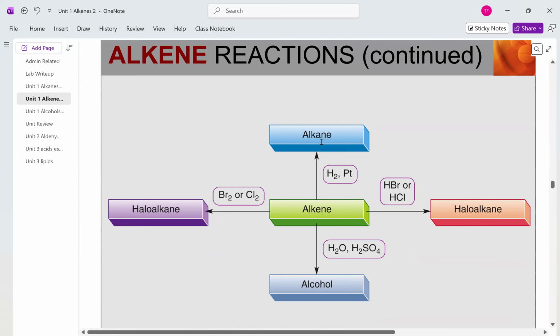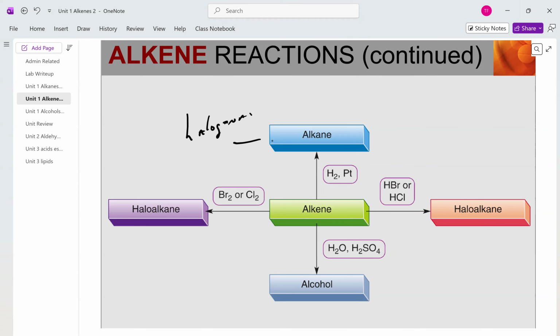Notice alkanes, there's no real reactions. With alkanes, there's halogenation and combustion. Okay, with alkenes, there are five reactions.